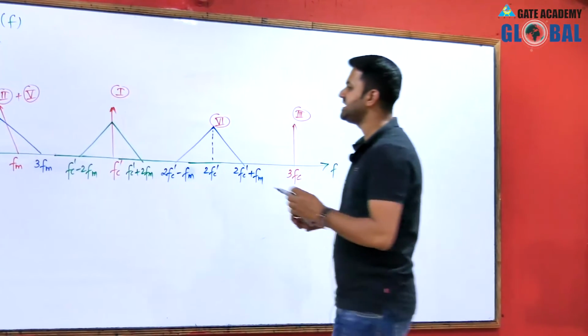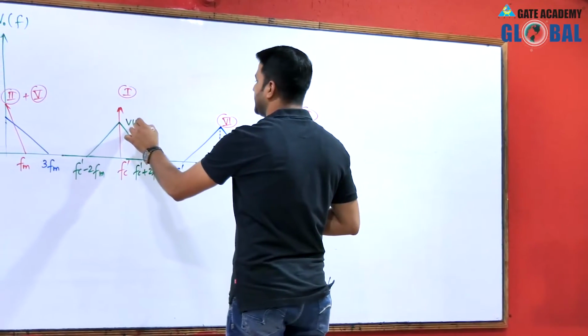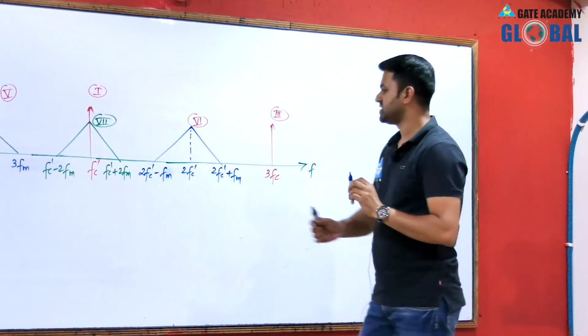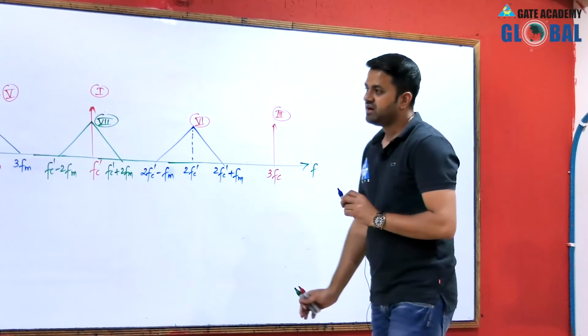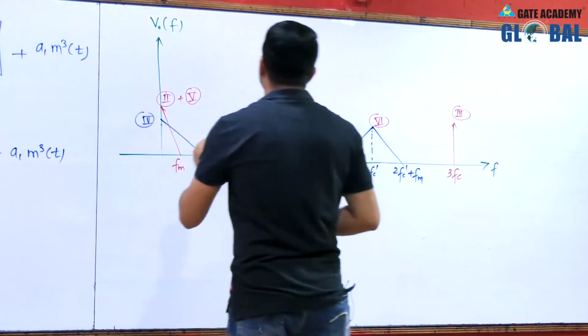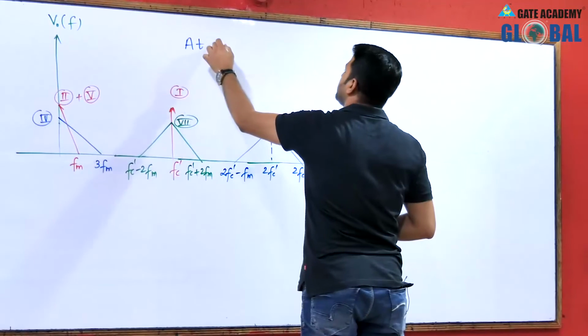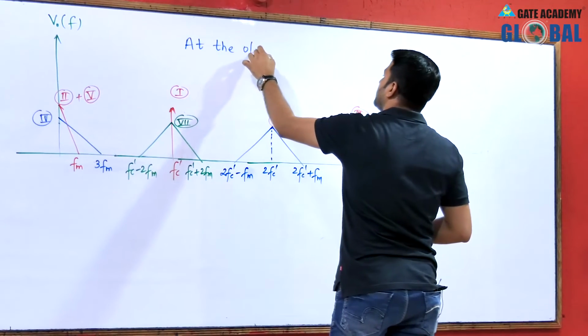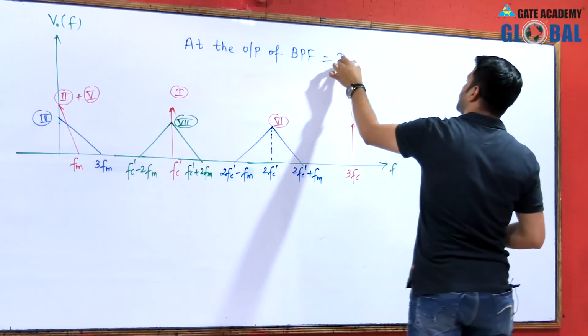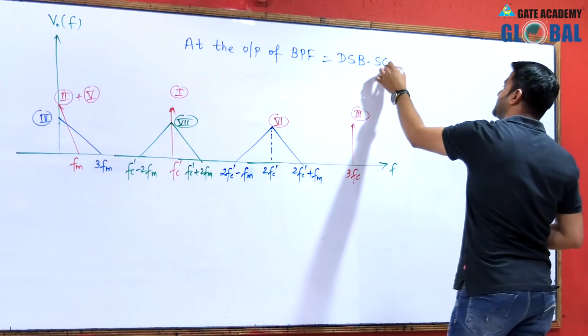Now you can easily identify what frequency components are present at the input of the filter. At the output of the filter, we require a double sideband suppressed carrier signal.